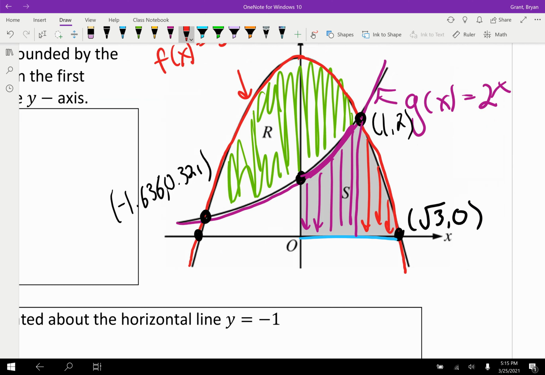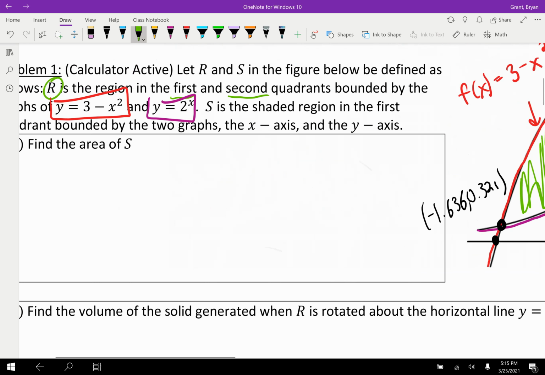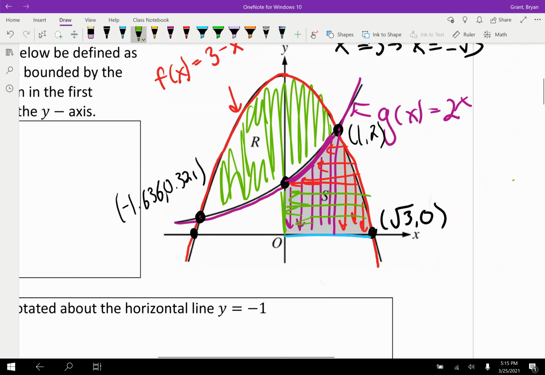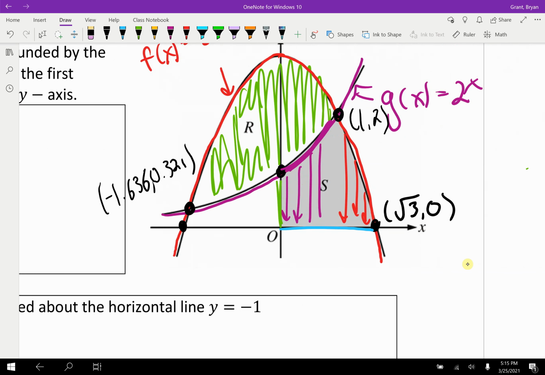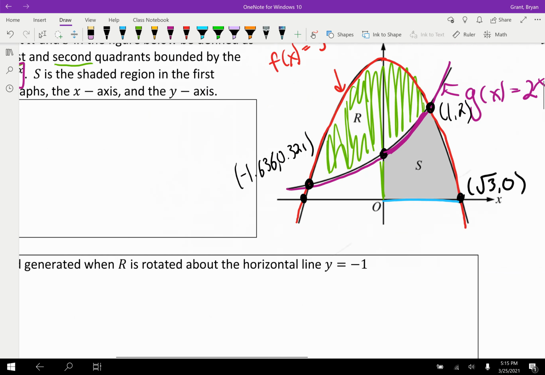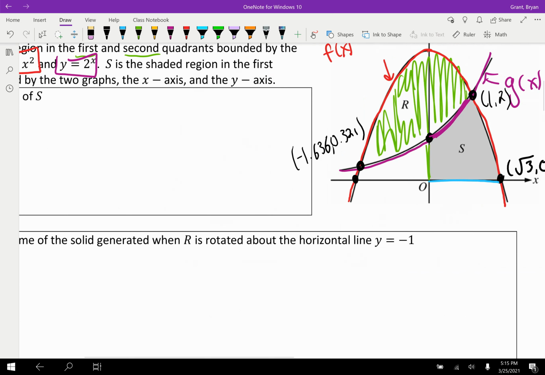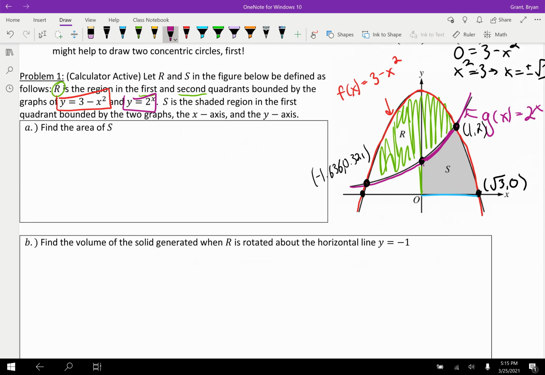That is compared to going the other way, where we could do red minus purple, all the way over until here, and then we would have to do red minus green. And I think the issue with that is then we would have to solve each of those. If we're going right minus left, we'd have to isolate x for each of them. So I think by the time we do that, we might as well just do top minus bottom and write 2 integrals.